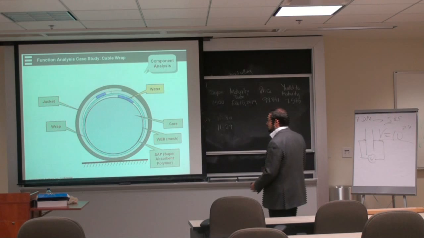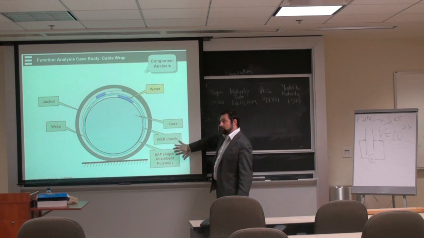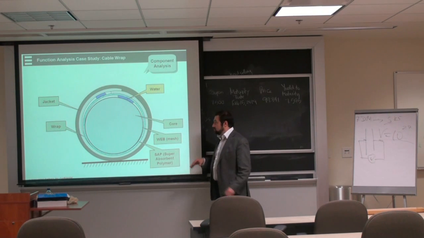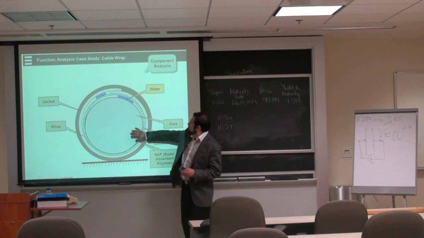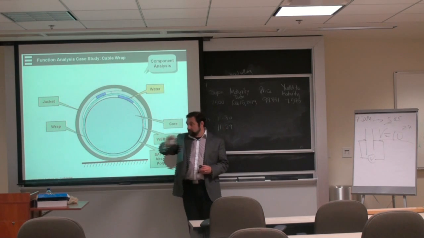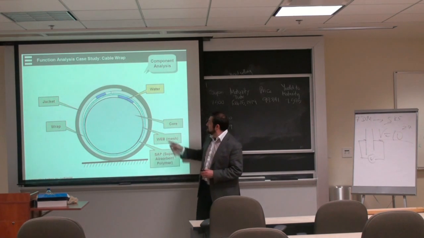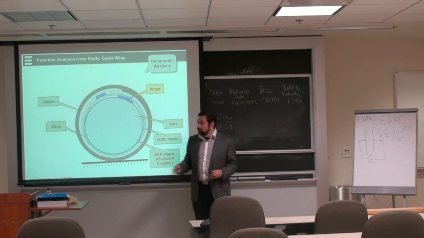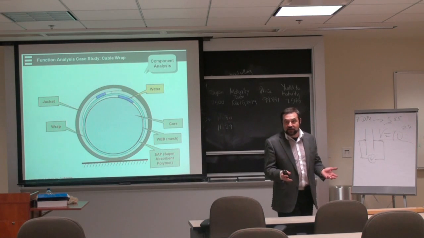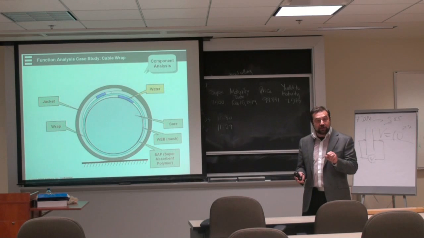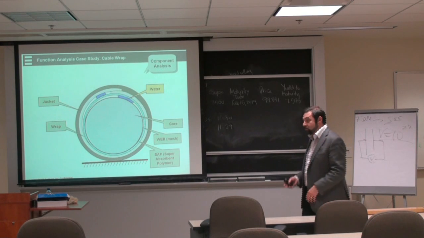You start by creating a model of all the components that exist. What components exist in that? This is the core, the fiber optic core. And this is a jacket that you have outside. The main goal of the jacket and everything outside is to prevent water from getting inside and damaging the core.